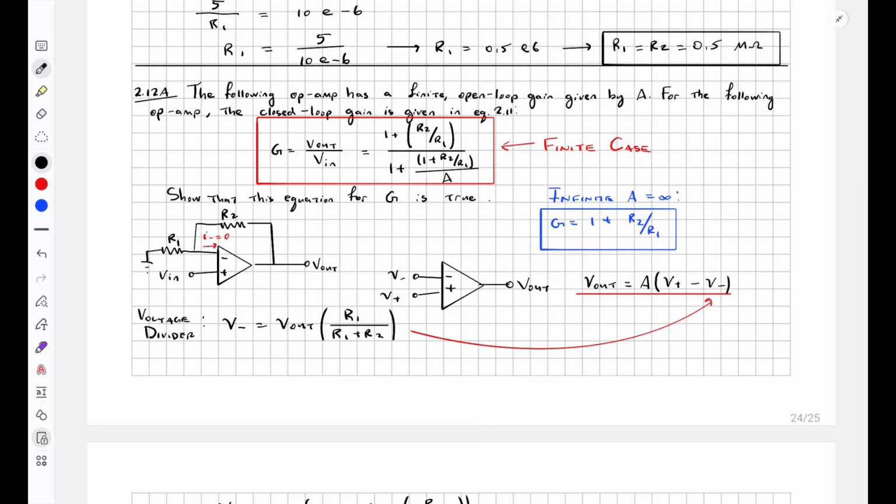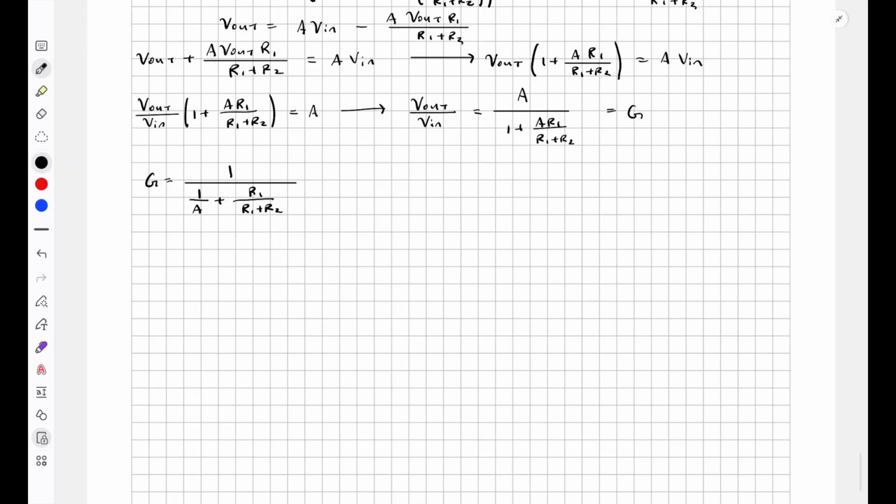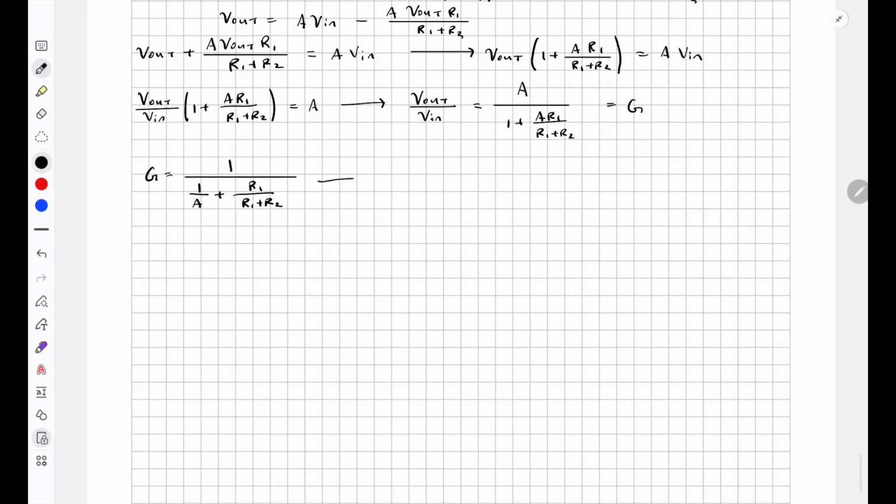So now the next thing, let's multiply both the numerator and denominator by this R1 plus R2 term. So this is multiplied by R1 plus R2, and this is also multiplied by R1 plus R2, numerator and denominator.